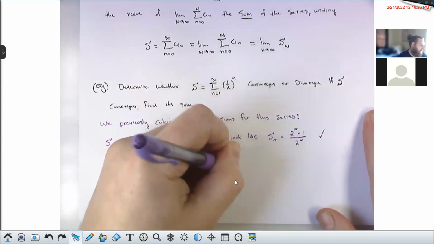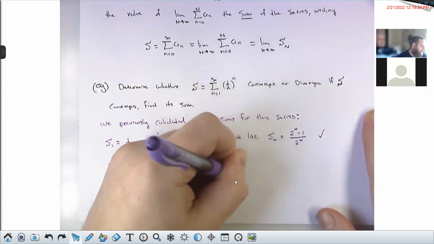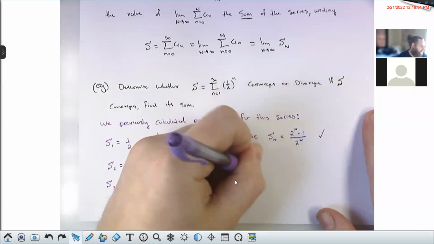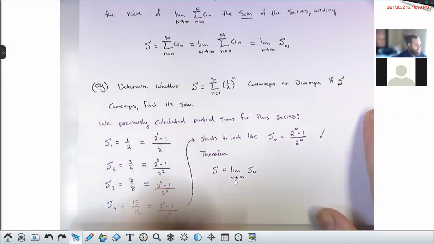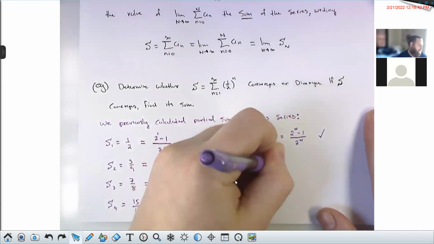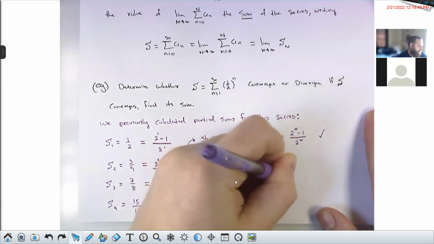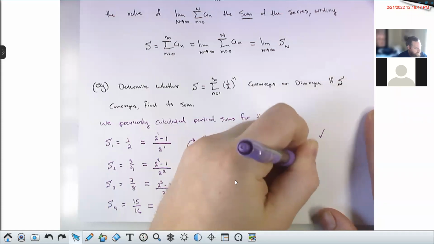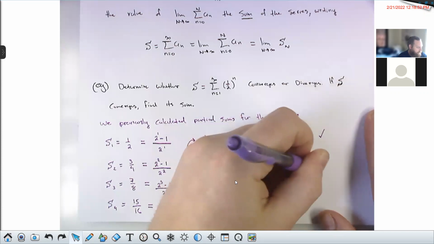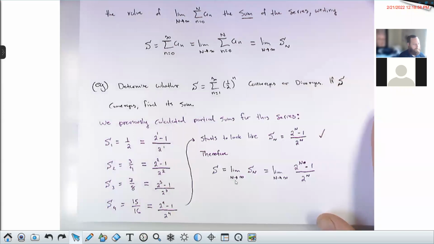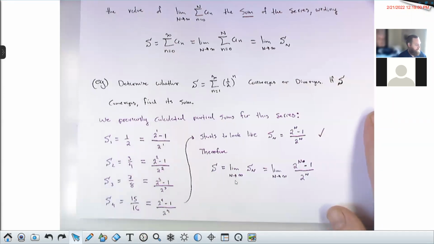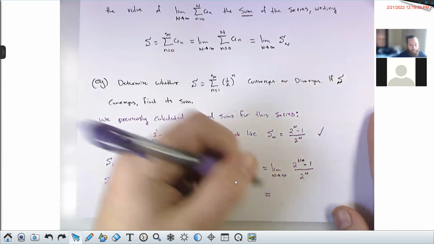Well, S is by definition the limit as capital N goes to infinity of S sub capital N. Which is the limit as capital N goes to infinity of 2 to the capital N minus 1, divided by 2 to the capital N. And there are many ways to take this limit.